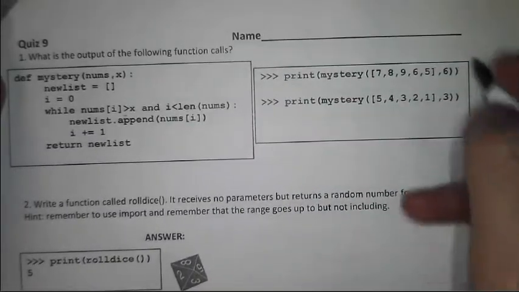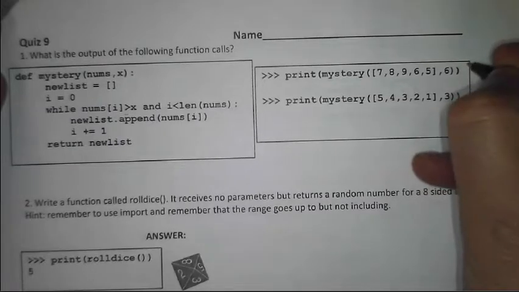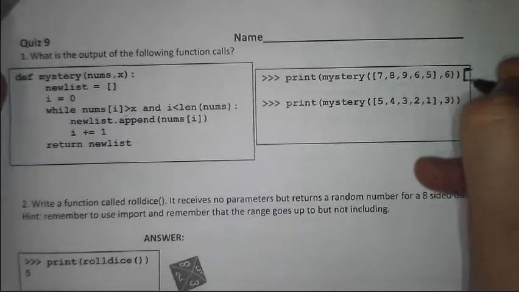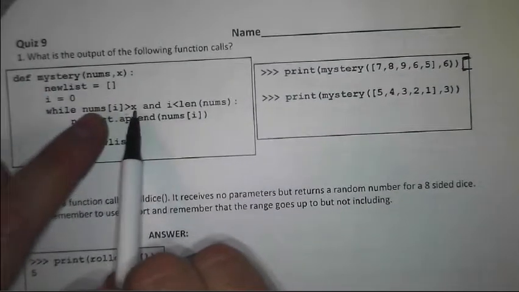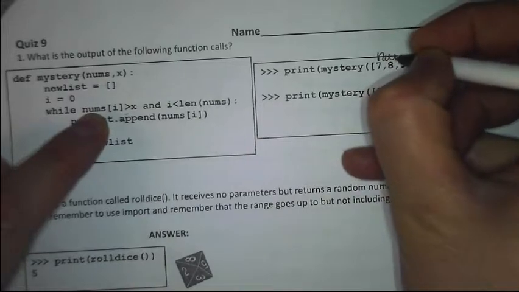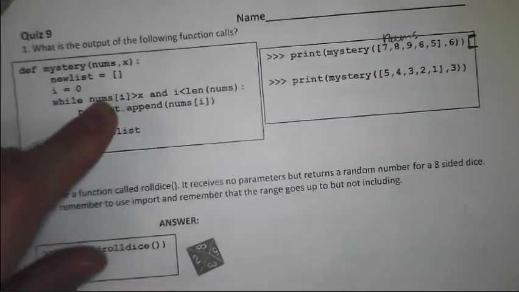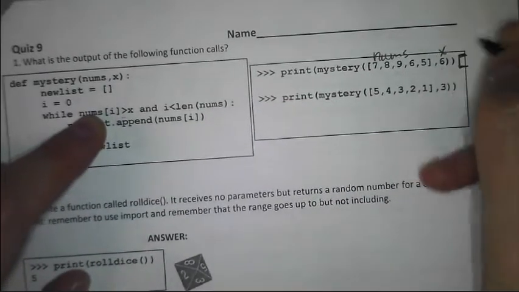So we can deduce from learning about it in quiz 8, we're going to be returning a list. And we're going to look at numbers that are greater than x. So in this one, we give this list to nums, and this will be x.